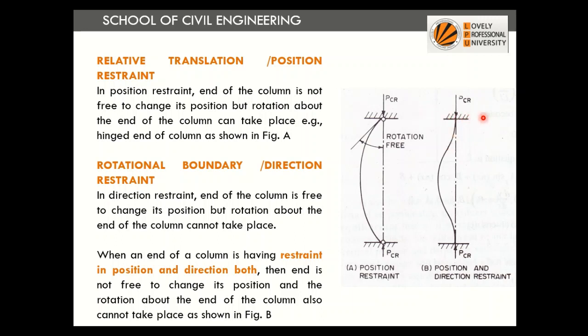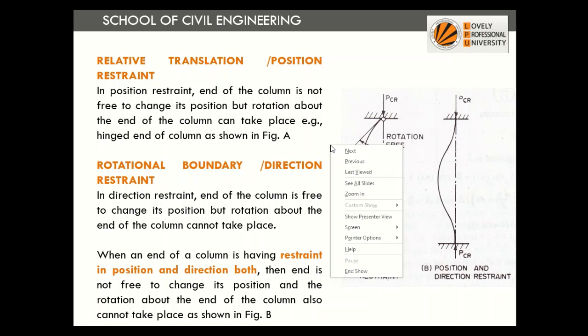Neither will there be any translation in this direction or this direction, nor will there be rotation at the support. Whereas this is a hinge case. This one is hinge and this one is also hinge, where translation is not possible in either direction, but rotation is allowed.